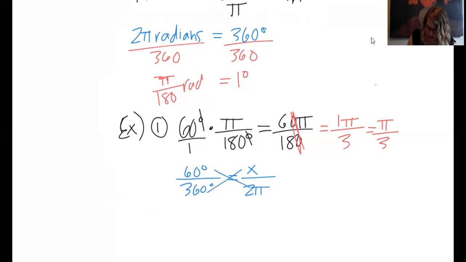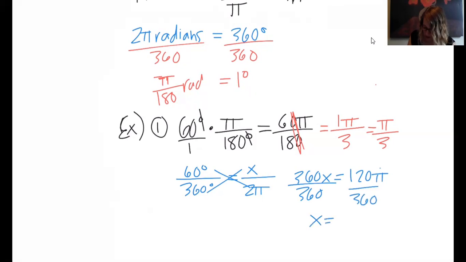If I cross multiply, I get 360 x equals 120 pi, and I would have to divide by 360 on both sides. And that actually also gives me pi over 3. So we've established that 60 degrees is pi over 3.